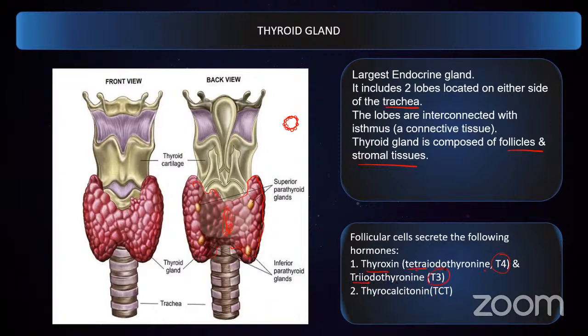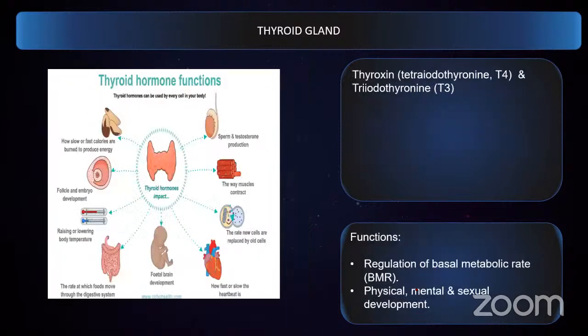The other one is called thyrocalcitonin, also called TCT. So follicles have cells, called follicular cells, and these follicular cells form a cavity in the center. They secrete the hormones T3, T4, as well as TCT, which will be collected in these central cavities of the follicles.